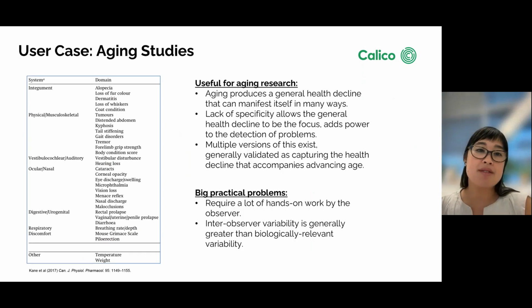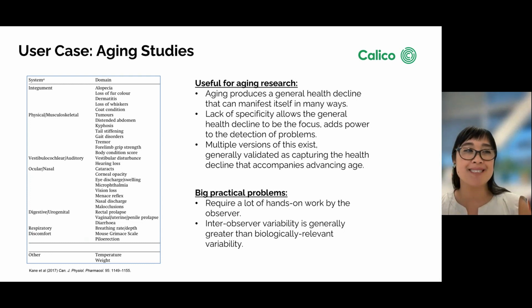So the frailty index is useful in that it produces a metric that shows a general health decline, and it lacks specificity, so there isn't a focus on any one particular system. But again, there's lots of big practical problems, right? It requires a lot of hands-on work by the observer.